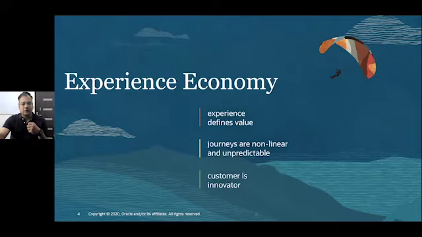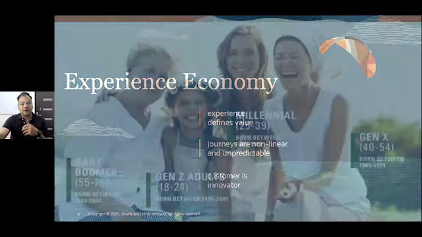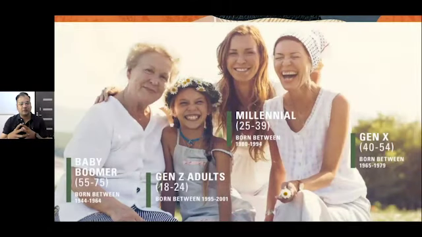They're at the forefront. What we did at Oracle is we went back to our customers across the age groups for their suggestions from a CX perspective. How are they looking at this whole experience economy? What does experience really mean to them? So we reached out to the baby boomers, Gen Z, Gen X, and millennials to find out what signals they would like to give to brands and companies like us.